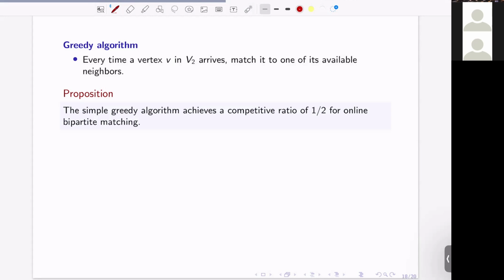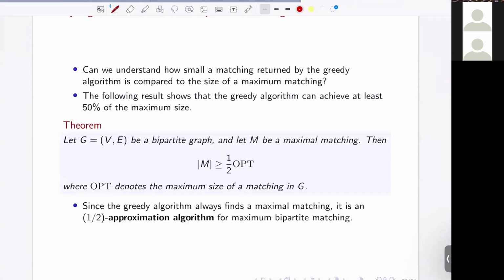Yeah. This becomes a maximal matching. You're right. So let's go back to slide 1, I think. We have proved this lemma, the theorem, on the first day.